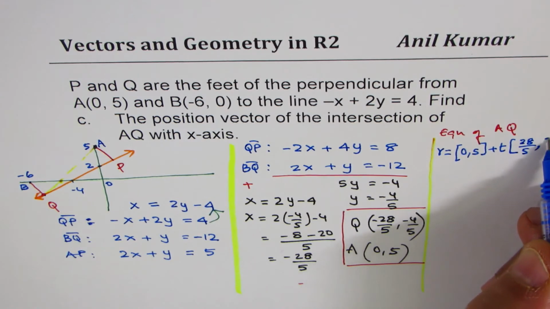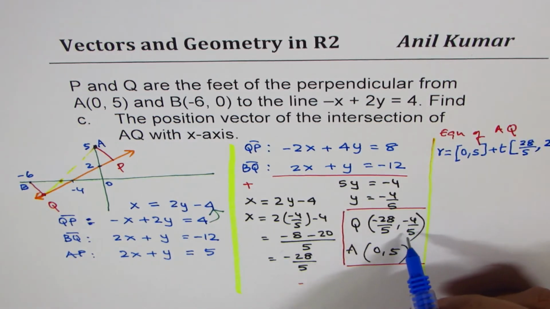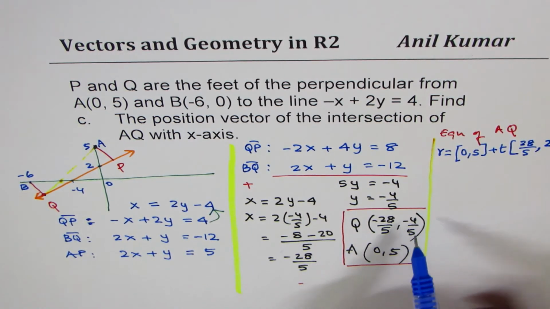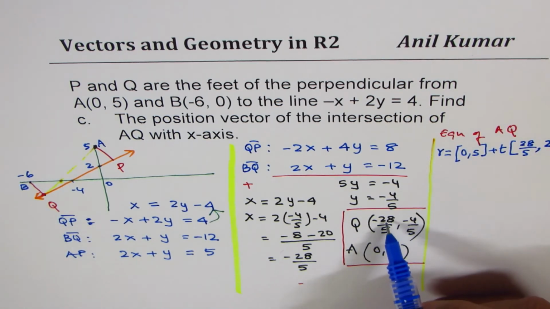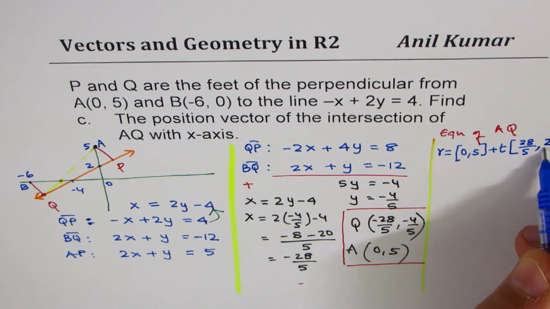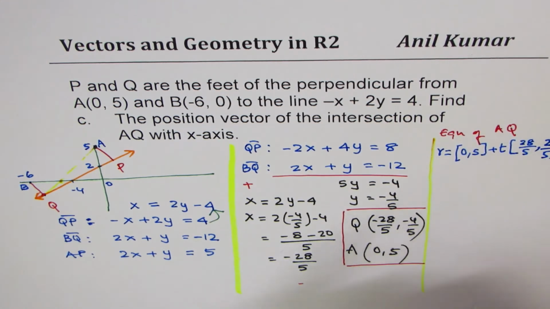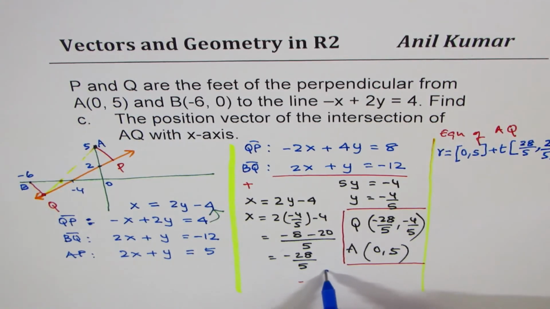So I'm doing a shortcut here. Basically I'm finding the 5 minus this. Let me write down here the direction.